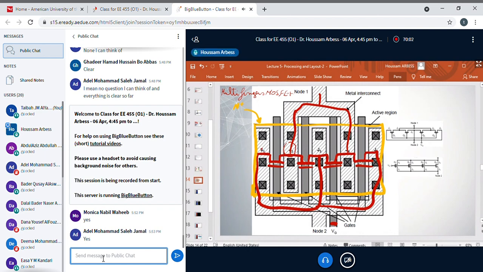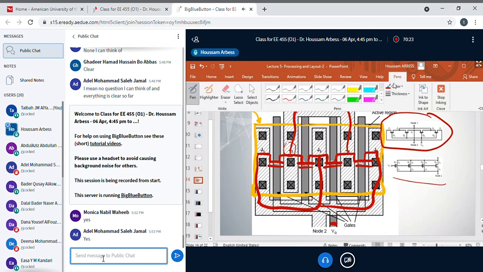This junction here is the source for Q1. The junction here is the source for Q2 and Q3. The junction here is the source of Q4. So you can sketch it as I did it here. You can see the connection. Also, you can sketch it like that.